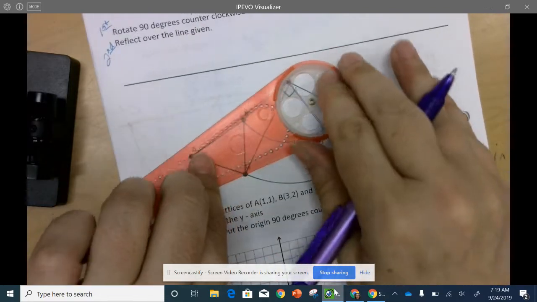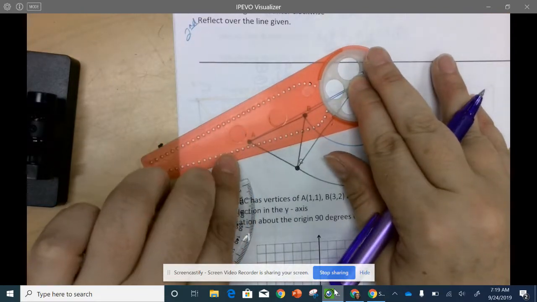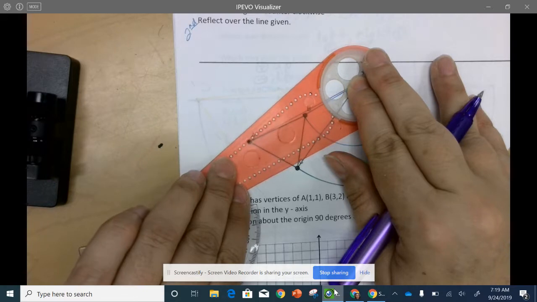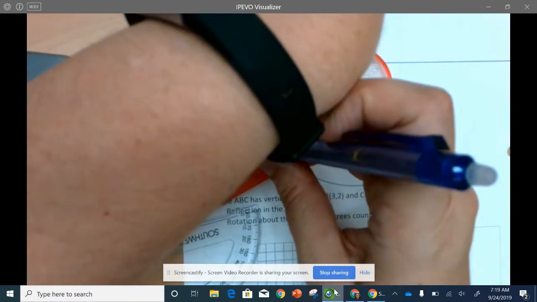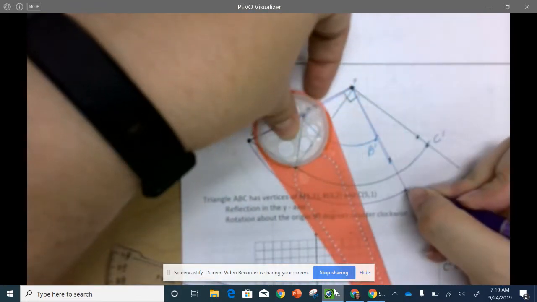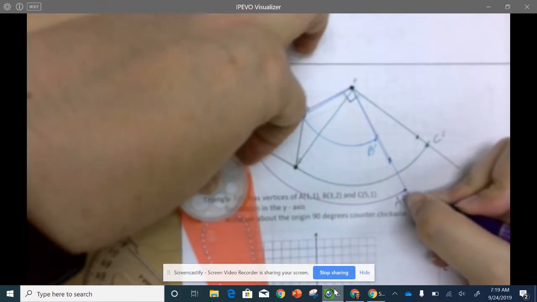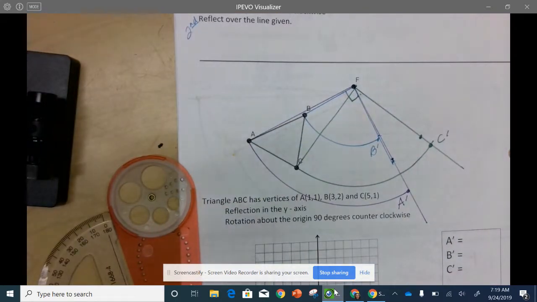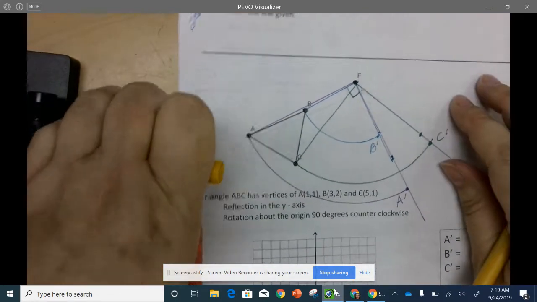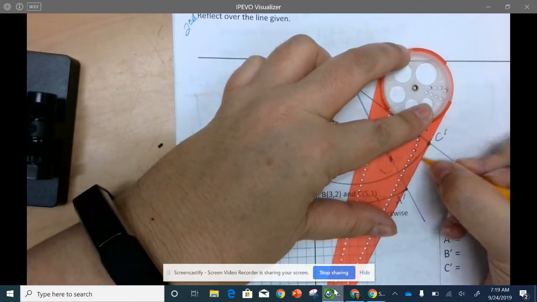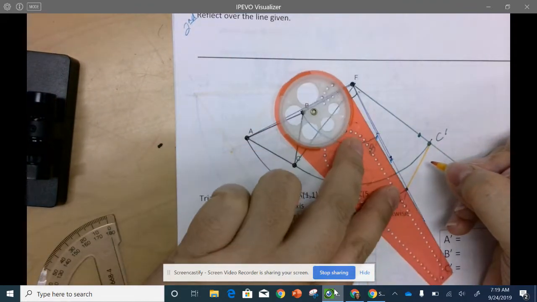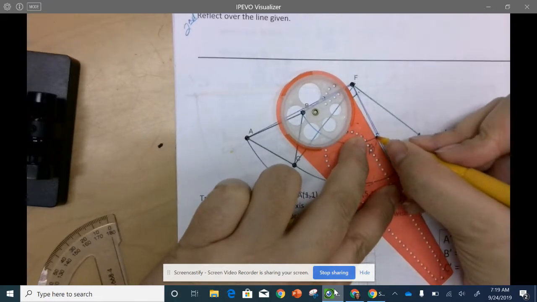Put the center of my compass on F, line it up with A, and then we just draw our arc to that line segment we just drew. Okay, that's going to be A prime. I go ahead and make my triangle, and then we're going to reflect it as well. Lots of steps on this one, everybody.